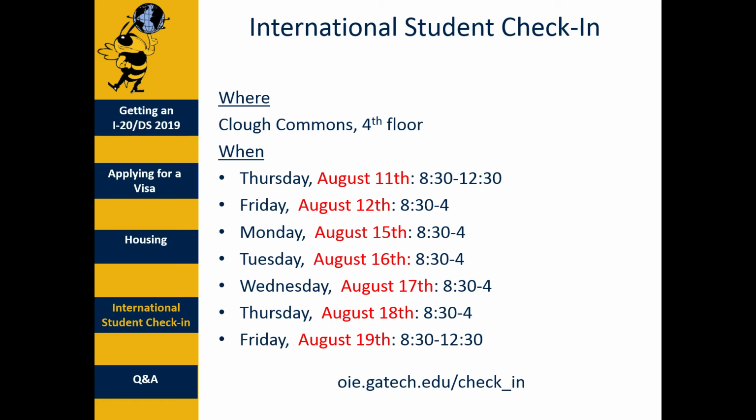You can get your Georgia Tech ID by going to passport.gatech.edu. And if you've received your admission letter from Georgia Tech, the Georgia Tech ID number should be on that as well.